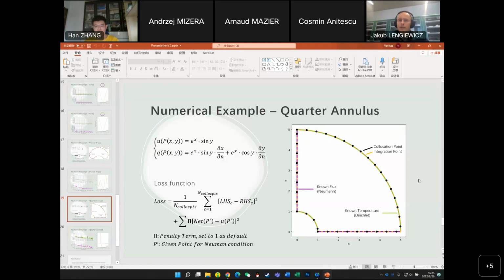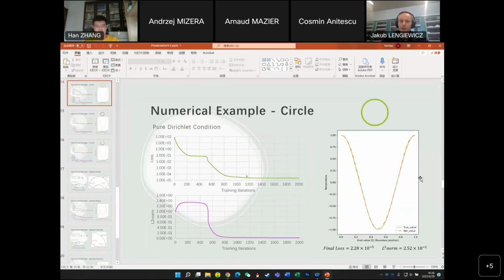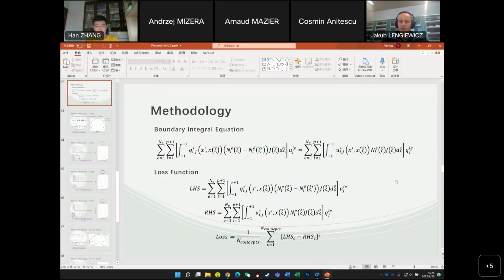Well, maybe I still don't understand the general structure of the problem that you're solving. You have your integral equation, and it is a sum over all collocation points and integration points already, left hand side and right hand side as well.